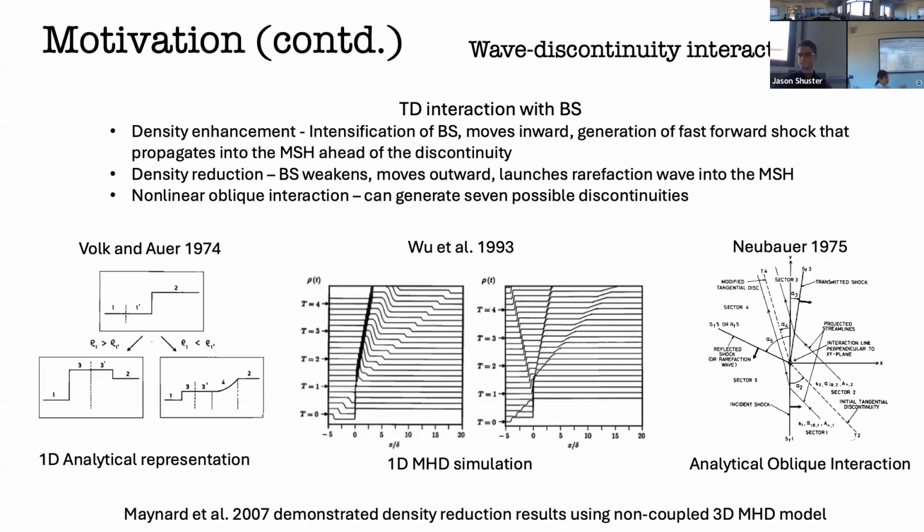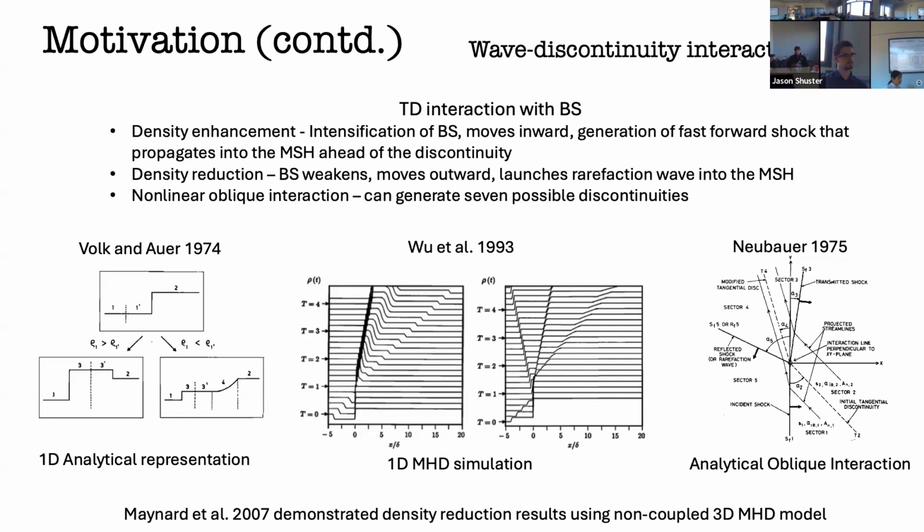Before this discontinuity has any impact in the magnetosphere, it has to interact with the bow shock. And the second aspect is that it has to further interact with the magnetopause.